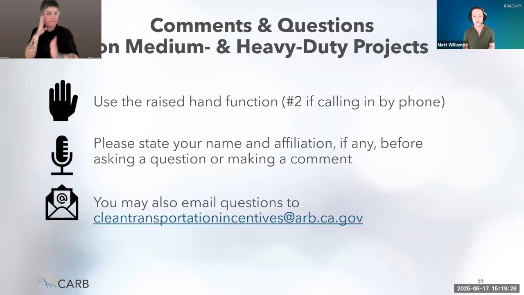So part of why there are zero emission trucks on the road today, why they're even commercially available, is because of the very first SHIFT project, or one of the very first SHIFT projects, way back more than 10 years ago, that was doing a first demonstration of zero emission drayage trucks. So it really lays the groundwork for future commercially available technologies, especially those that are zero emission.